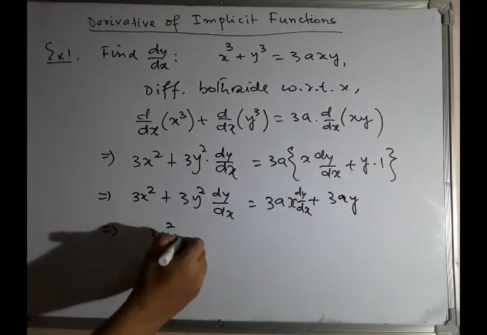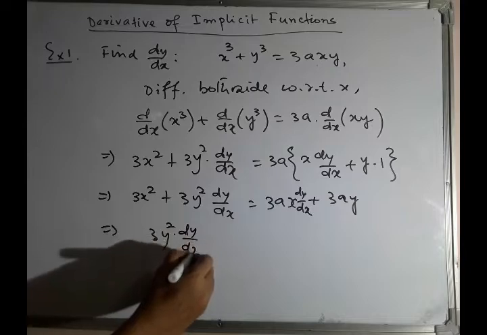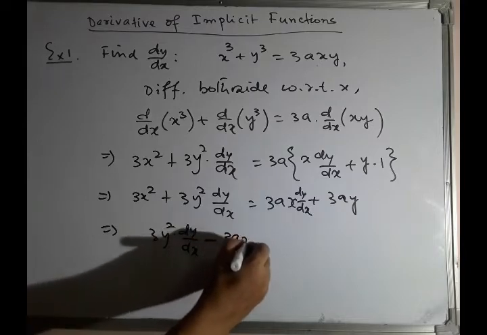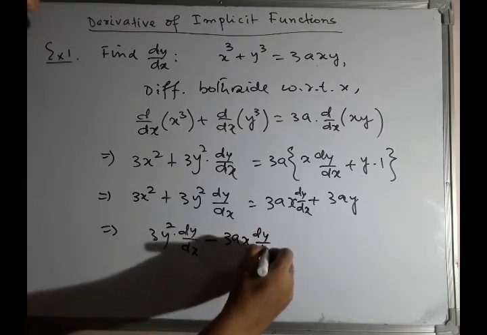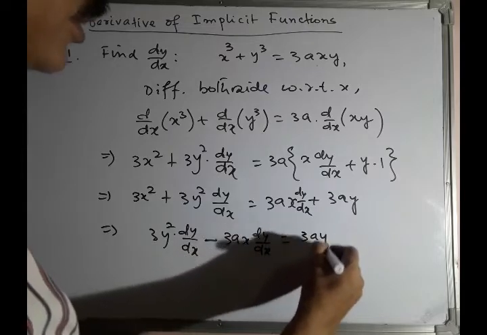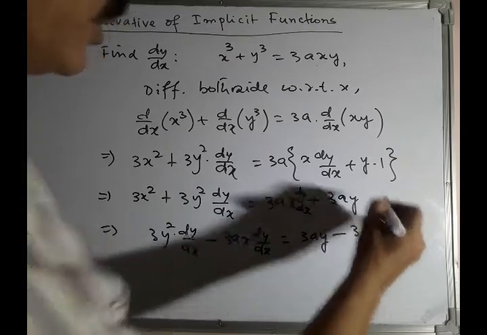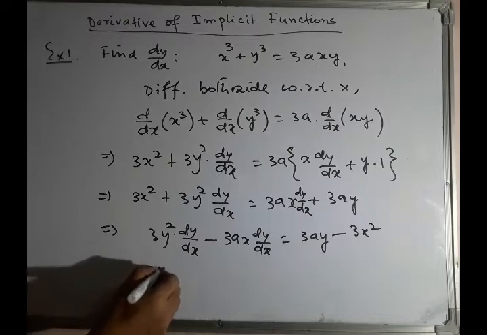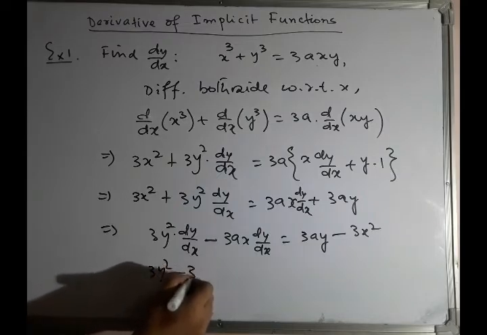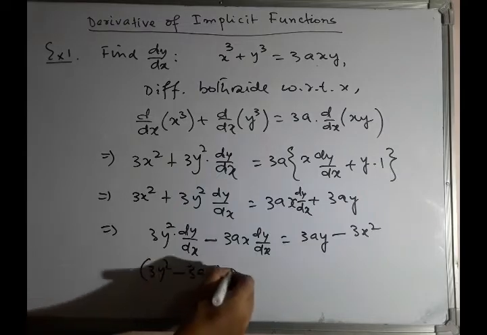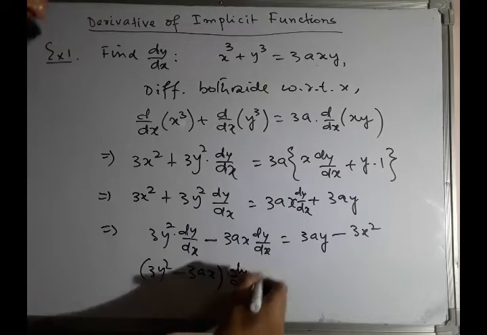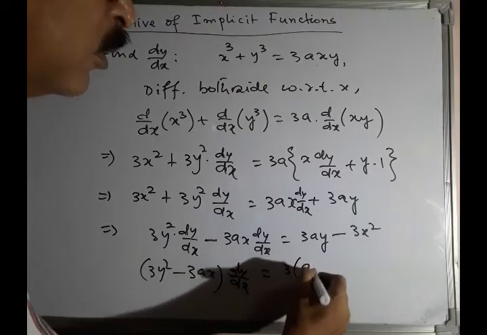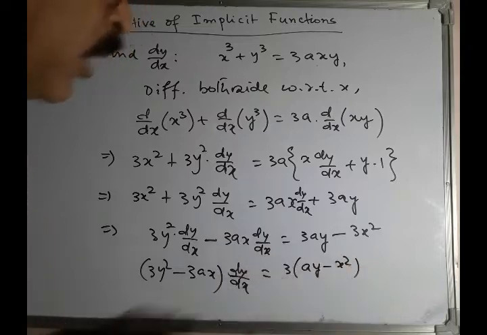So 3y square dy by dx minus 3ax dy by dx equal to 3ay minus 3x square. So (3y square minus 3ax) into dy by dx equal to 3 common (ay minus x square).